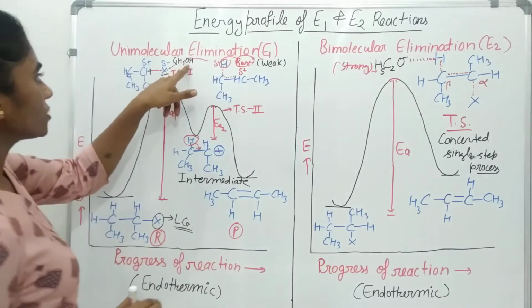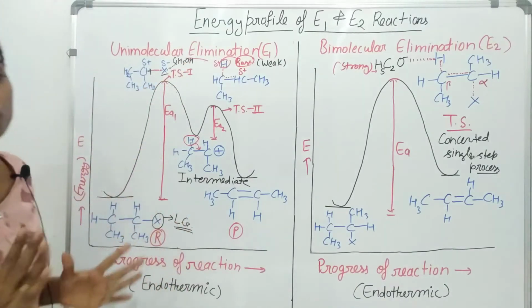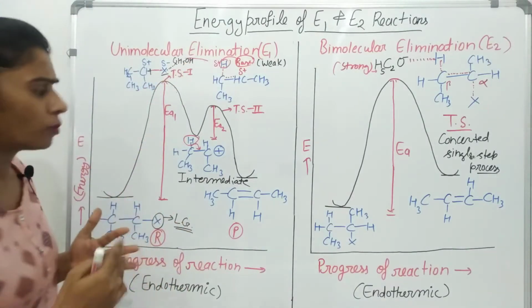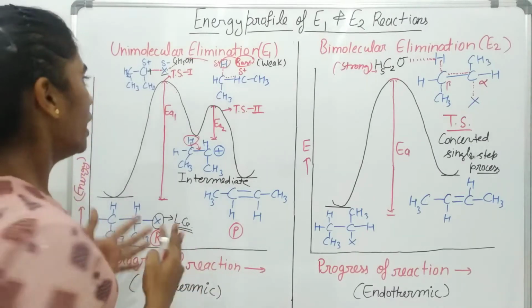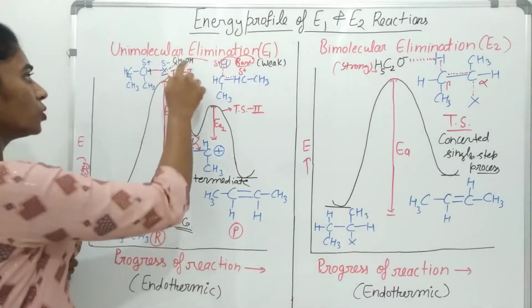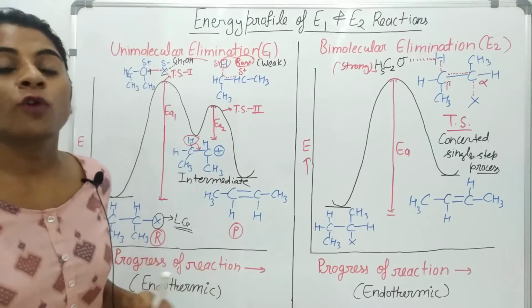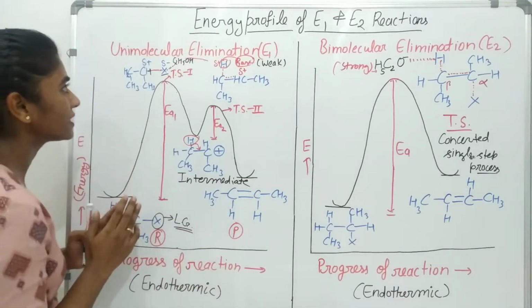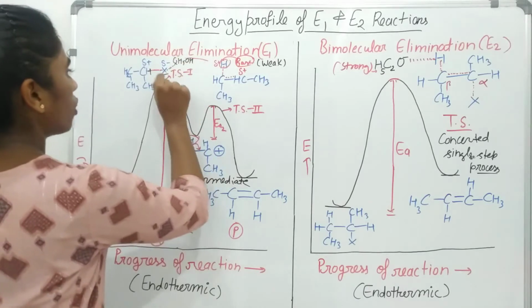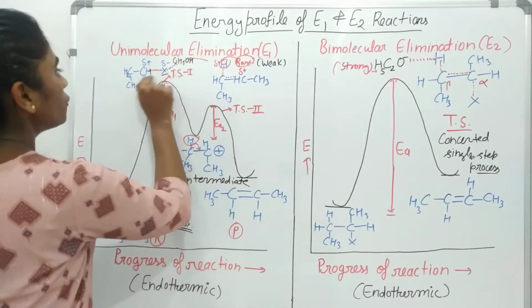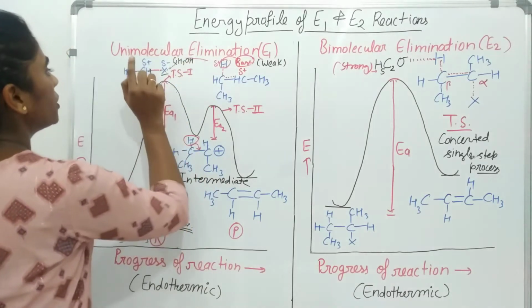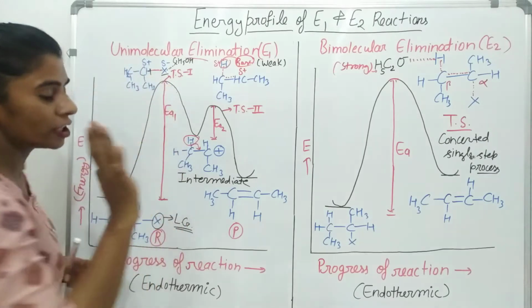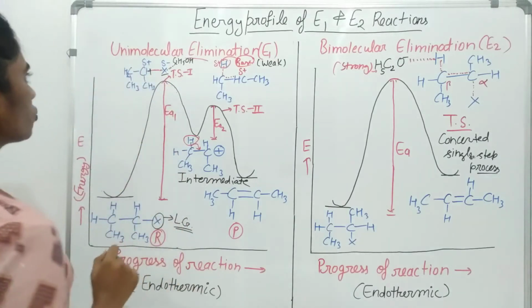This is the solvent here, which is a polar protic solvent. You know about the polar protic solvent, I hope. The polar protic solvent has a high dielectric constant, so due to this dielectric constant, the polar protic solvent is going to weaken the force of attraction between this carbon and this leaving group. So what is going to happen?